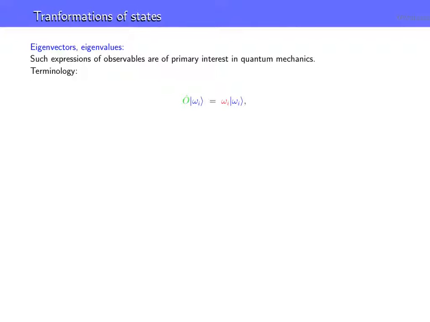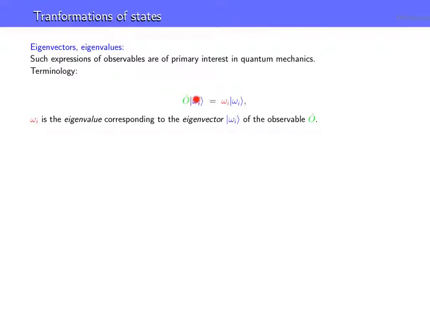So in this case, we would have some observable which is represented by O. And what it does, it returns this outcome value, omega sub i, and we call that the eigenvalue. This is from German, and there are reasons historically why this is called that. The vector which corresponds to that eigenvalue is called the eigenvector, and it corresponds to some observable O.